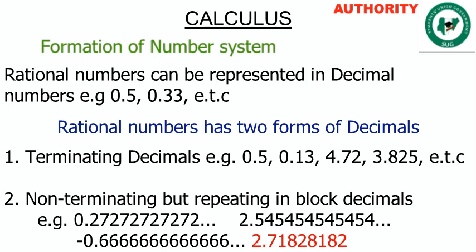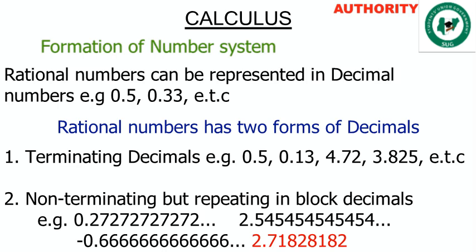Another form is non-terminating but repeating in blocks. For instance, 1 all over 3. 1 all over 3 is not terminating.